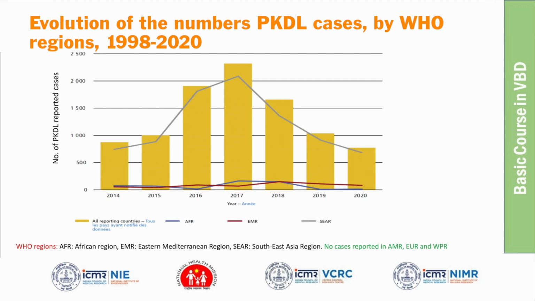It increased from 2014 to 2017, and then declined to around 500 cases in 2020. PKDL cases occur mostly in only a few regions. You can see the Southeast Asian region has the maximum cases, whereas no cases are reported in the Americas, the European region, or the Western Pacific region.